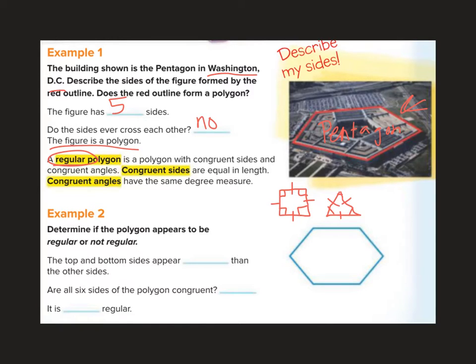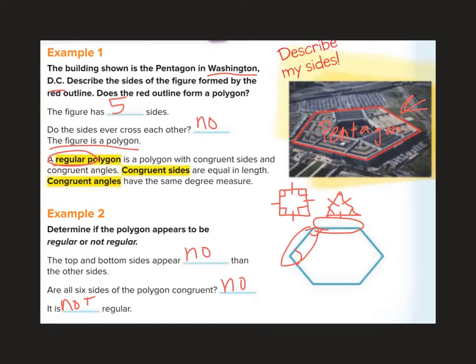Determine if the polygon appears to be regular or not regular. Okay, so are all these sides the same? Are all the angles the same? Is this angle congruent to this angle? I'm saying no. Are all 6 sides of the polygon congruent? I mean, it kind of looks to me like this side is longer than this side. I'm going to say no. It is not regular.